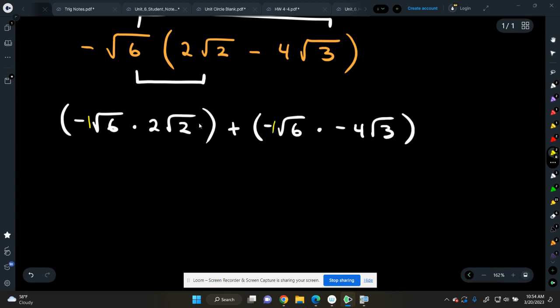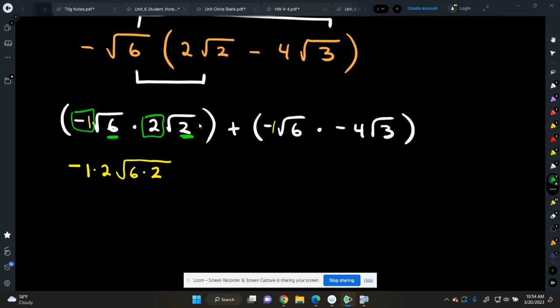So when we multiply, this is going to become negative 1. We do the outsides together and the insides together. So negative 1 times 2, and then the square root of 6 times 2. We put the outsides together, so we have a negative 1 and a 2. That's on the outside. And on the inside, we have a 6 and a 2.